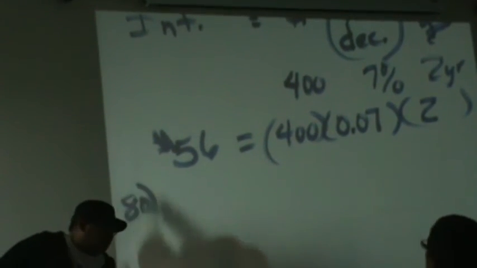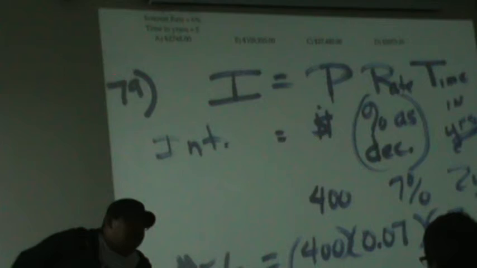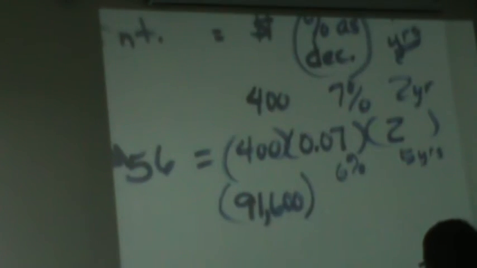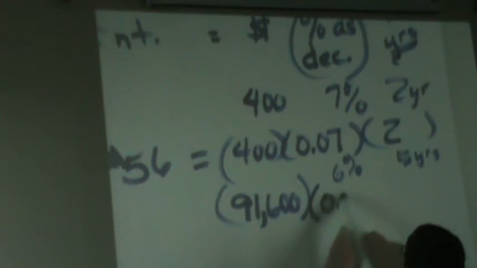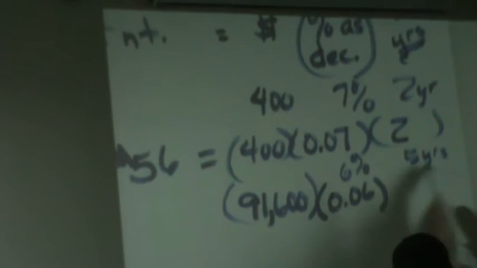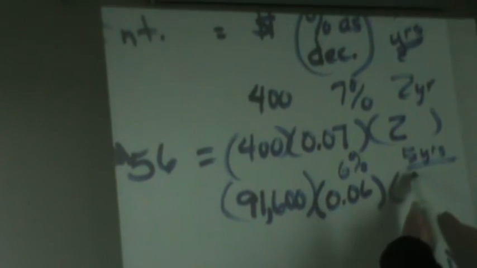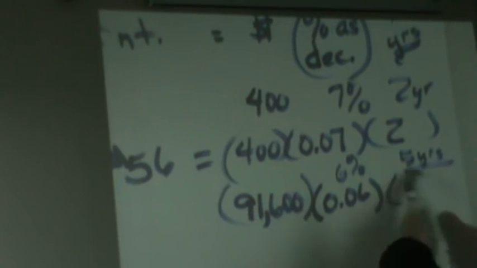80. Principal, 600. The rate is 6% for 5 years. 6% is 0.06, 5 years. Just put a 5.